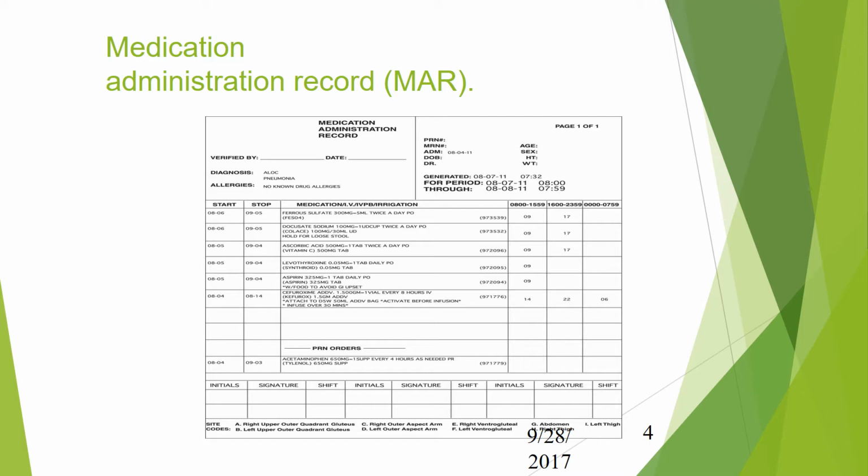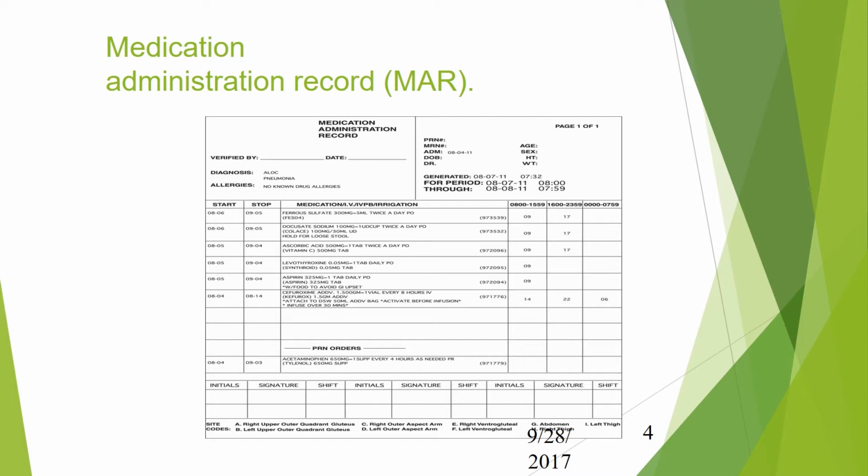So whoever fixes their medication administration records will get them there at the end of, let's say, September 30th is falling on a Wednesday, so they'll probably get the MARs in about the 28th or 29th, and the nurses will start checking it against the old MAR to make sure nothing fell through the cracks, and then it has to go on the chart by the first of the month.